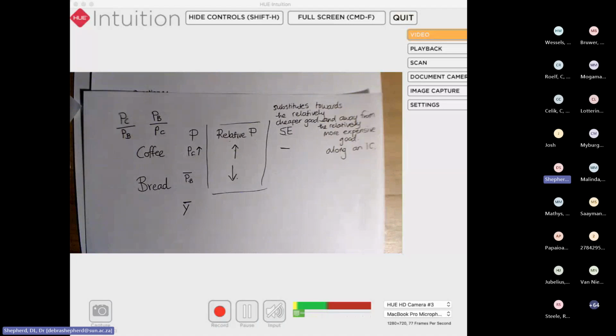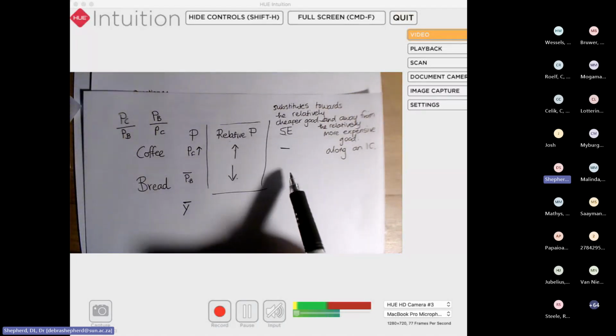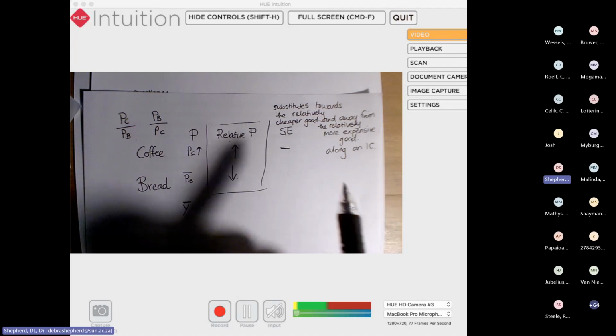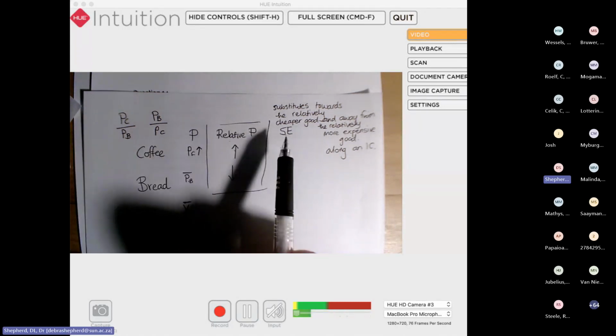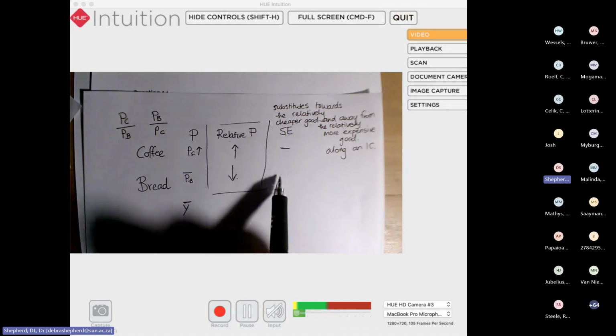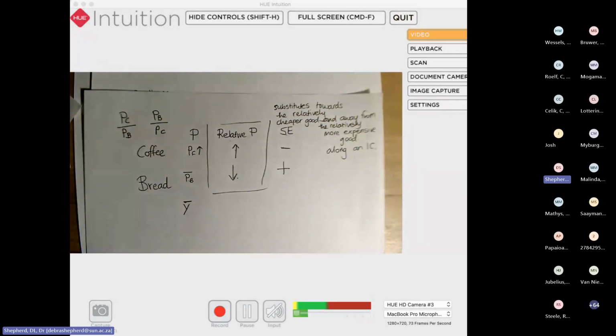Yes, it will be negative. What will the substitution effect for bread be? Will it be positive or negative? Okay, so the substitution effect for coffee will be negative, and the substitution effect for bread will be positive.